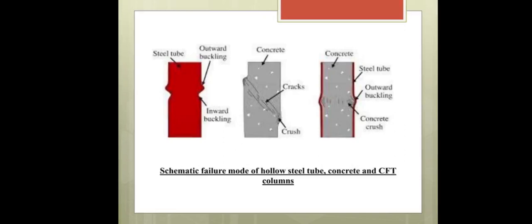While we can see in the rightmost diagram, in CFT, outward buckling is observed but inward buckling is not observed, which results in the failure. So we can say that inward buckling is the main reason for the failure of steel tubes. While in CFT, due to the packing of the steel, cracks are not developed and the risk of corrosion is negligible.